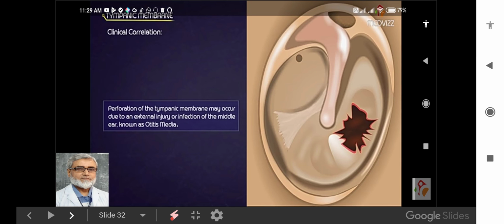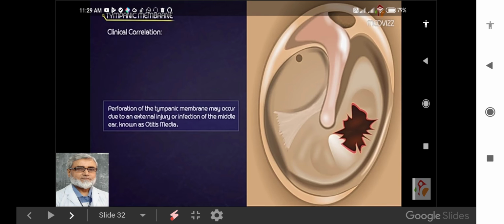One very important thing: the external auditory meatus has hairs, and usually infection occurs at the root of the hairs, likewise in the upper eyelid, with the orbit and eyelids, the stye you can remember. The same infection in this canal may lead to a furuncle, known as furuncle of the ear. That is very, very painful.